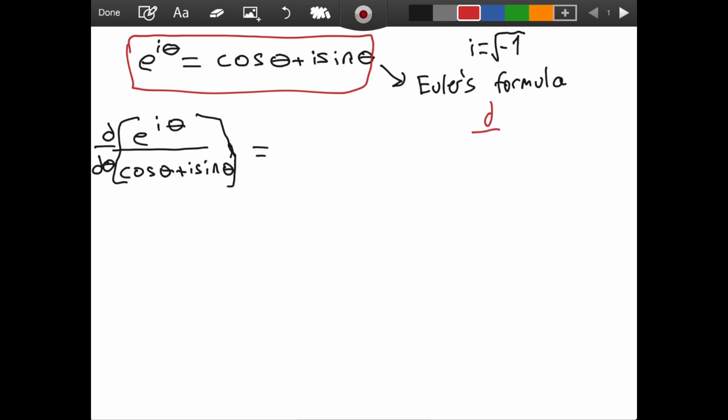Using the chain rule, it is e raised to the power of i theta times the derivative of i theta. I mean, not the power rule, the chain rule, excuse me.